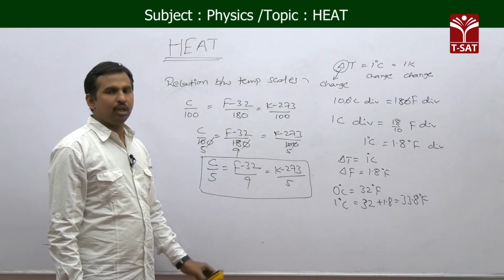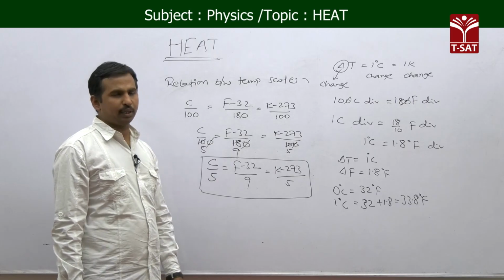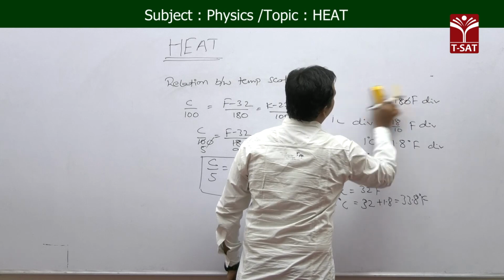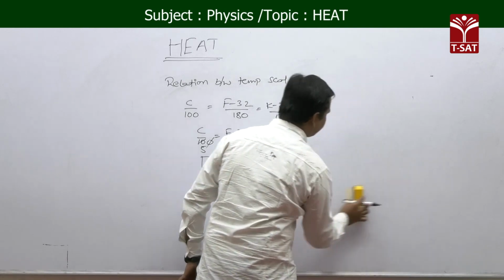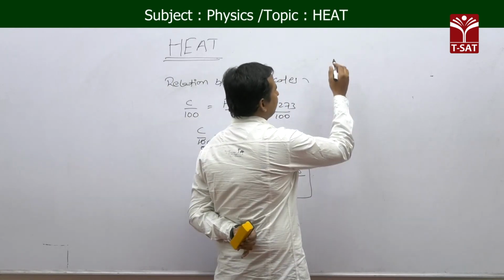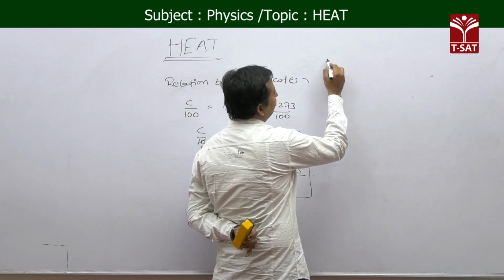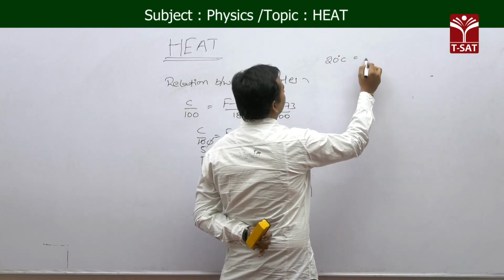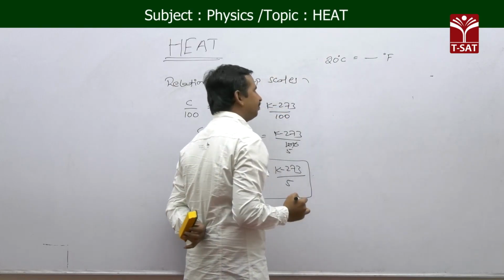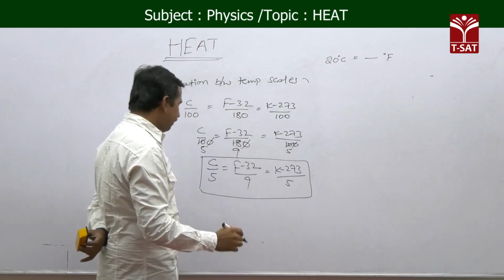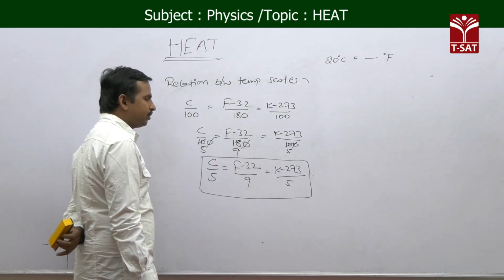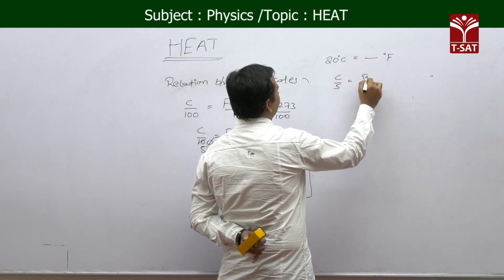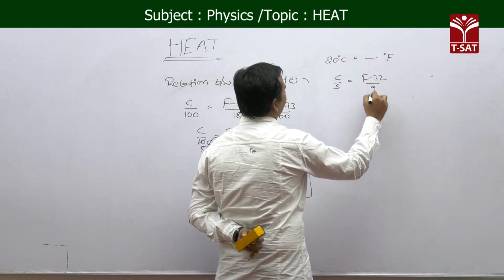Now, how to do the numericals using this relation? For example, if the temperature of the body is given in Celsius, let us say 20 degrees Celsius, and I want to convert that into Fahrenheit. Between C and F, the relation is C by 5 is equal to F minus 32 by 9. Here C is 20, so 20 by 5 is equal to F minus 32 by 9.